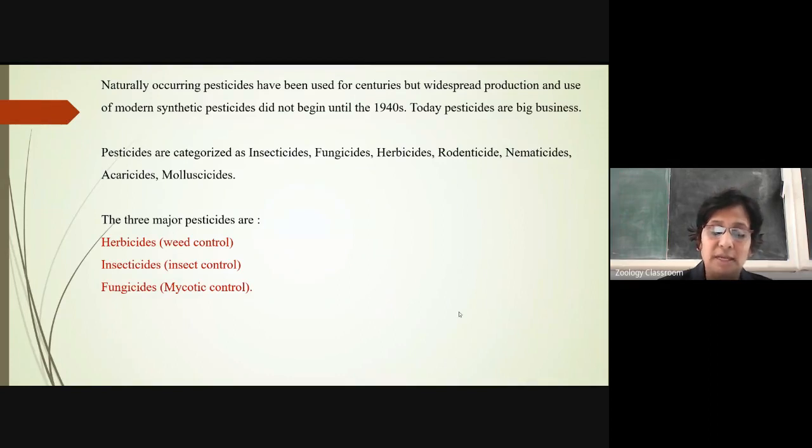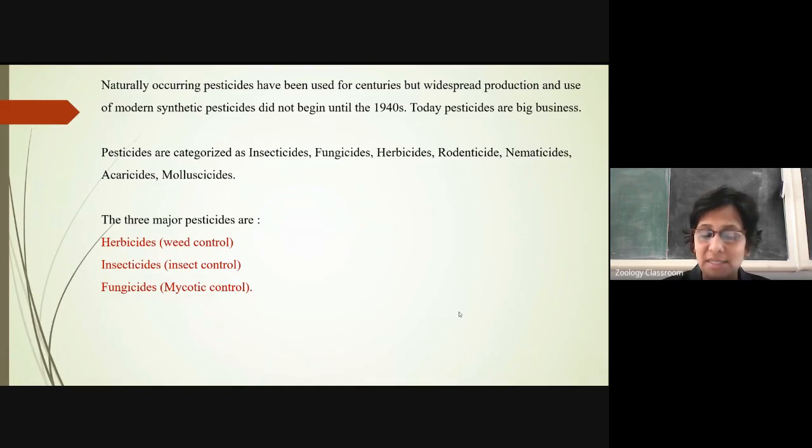So the three major pesticides, which we have already studied in the previous slide, are herbicides, insecticides and fungicides, used for control of weeds, control of insects, and control of fungi, as well as mycotic control.